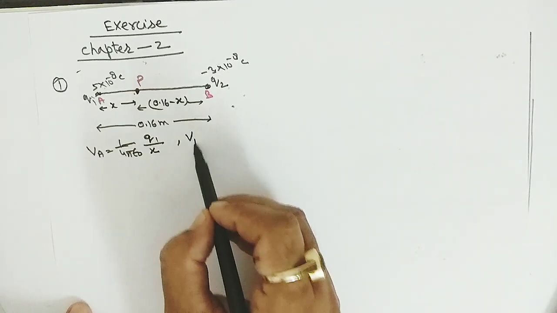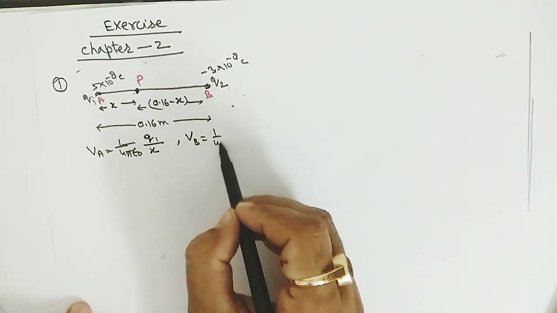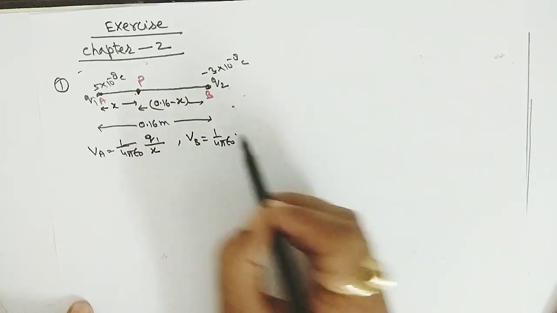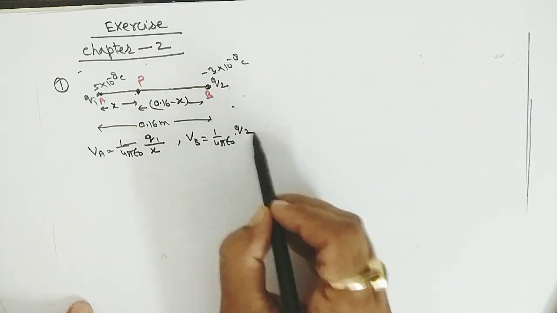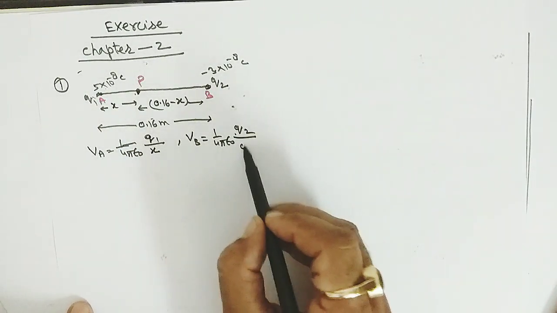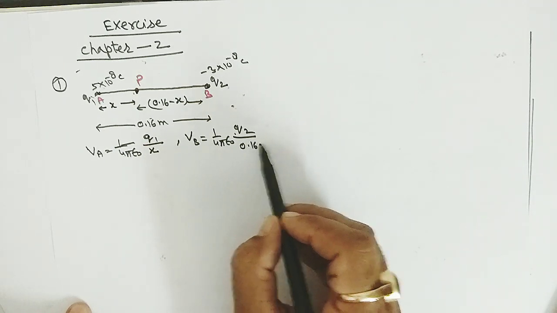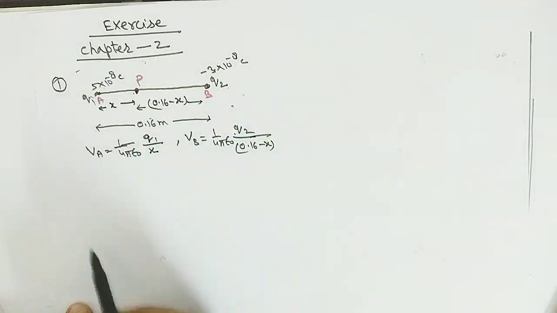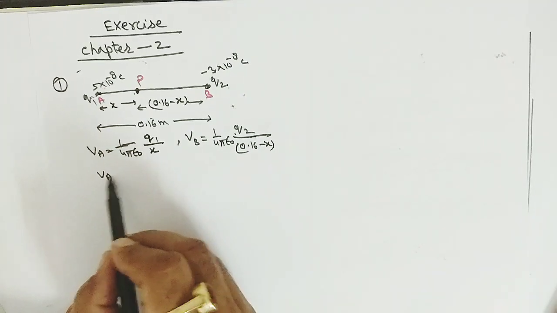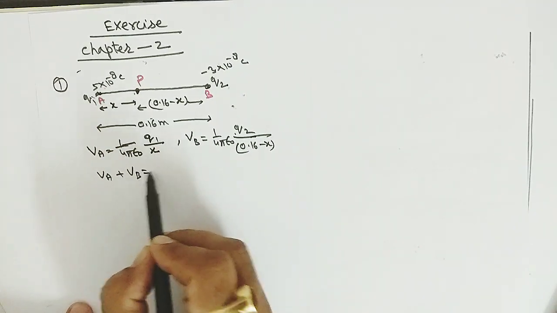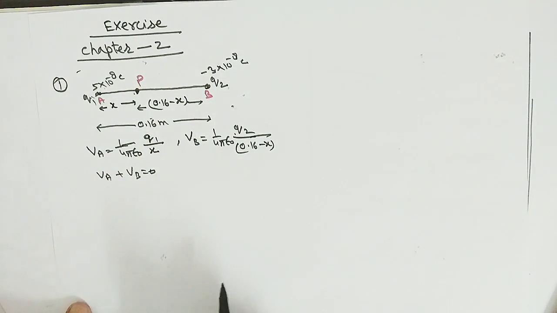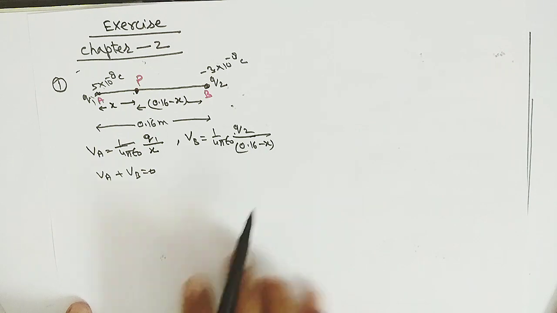And VB is equal to 1 upon 4 pi epsilon naught Q2 upon 0.16 minus x. The sum of these two, VA plus VB, is equal to 0, so that the total electric potential at P will become 0.